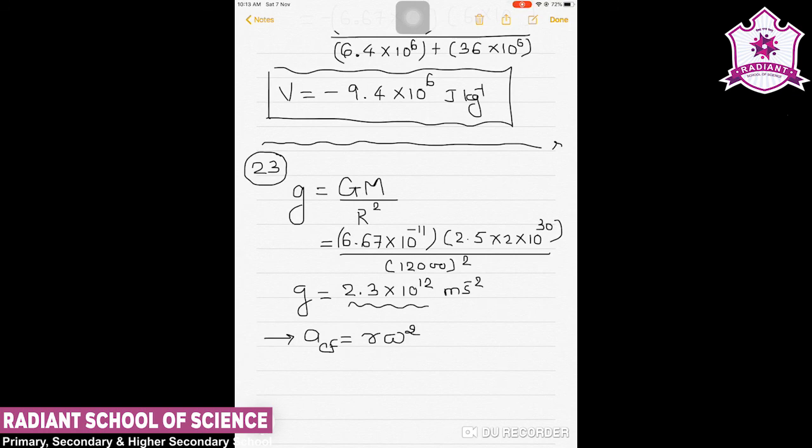Obviously it can be written as r into (2 pi f) square. It is written that the star rotates with a speed of 1.5 revolution per second.